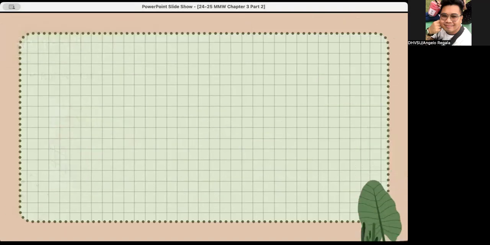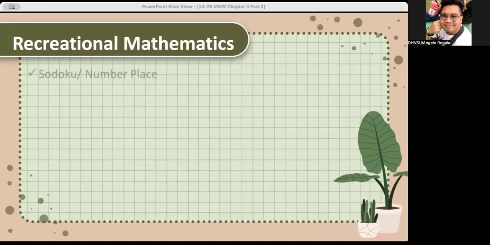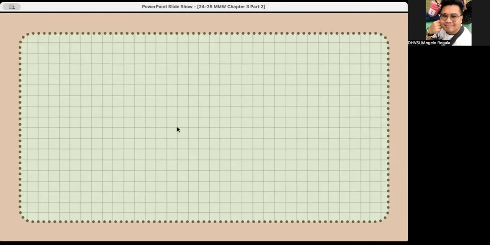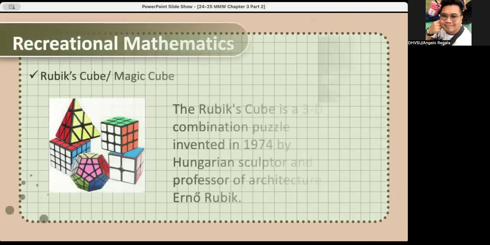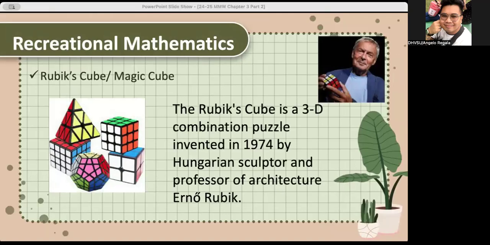The main goal of a Rubik's cube is to start with a randomized, shuffled, messy configuration of the cube. Each face of the cube has colors: red, yellow, white, green, blue, and orange, if I'm not mistaken.